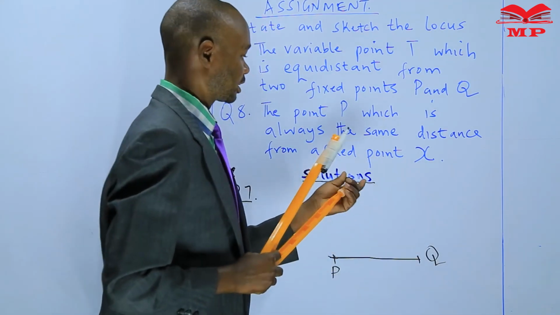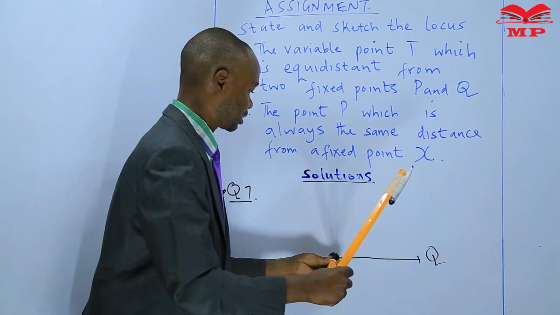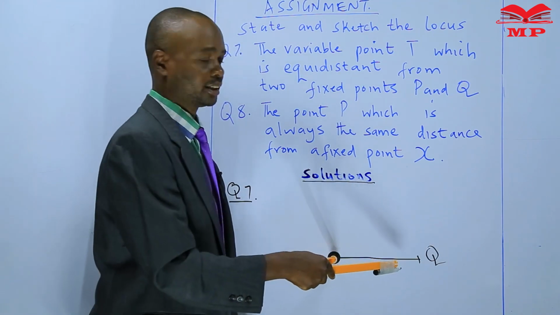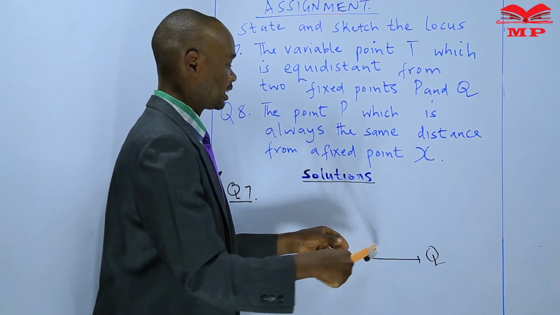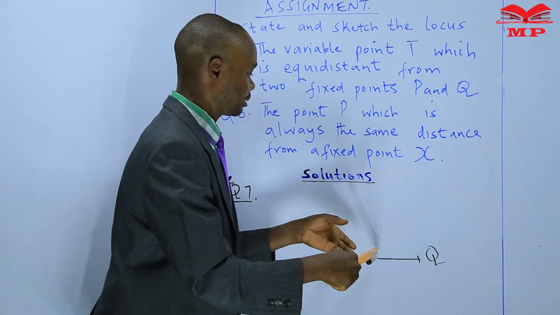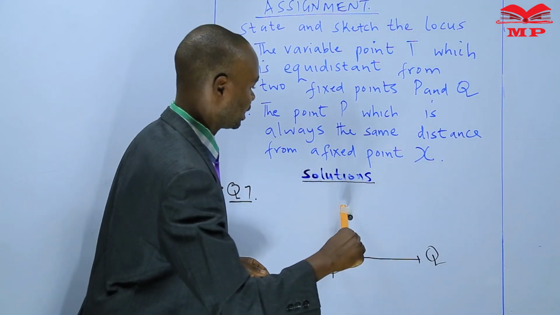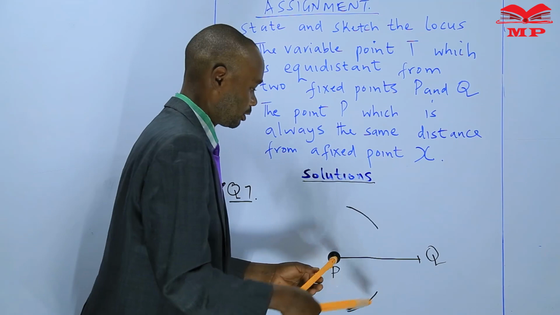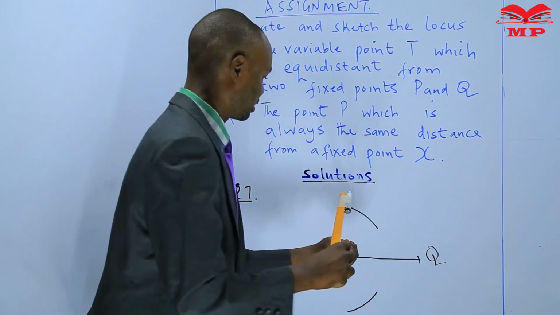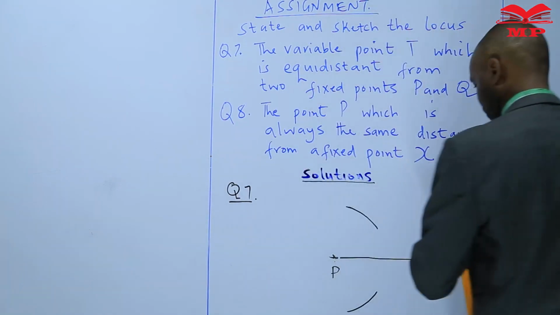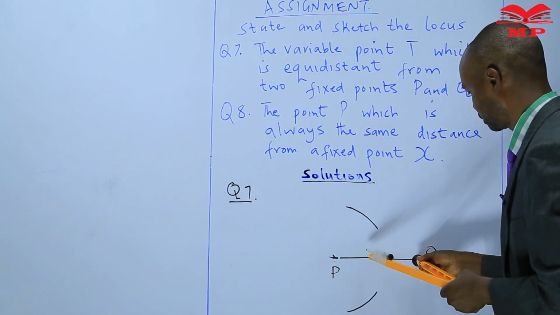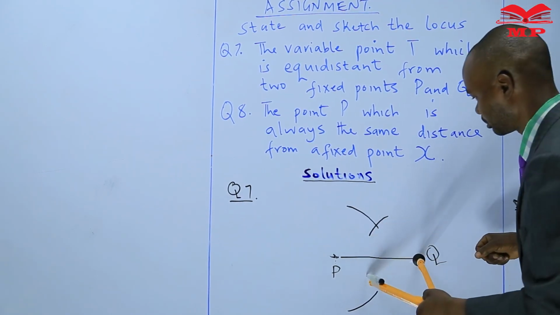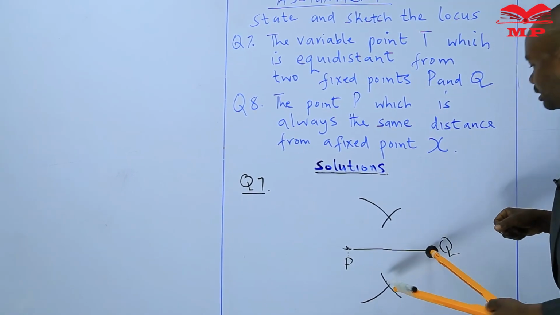To bisect that, I'll go at P. With that compass, ensure that the first arc is more than half the line PQ. Strike an arc above and strike an arc below. Remove it at P, move to Q, and using the same distance, strike an arc below and above.